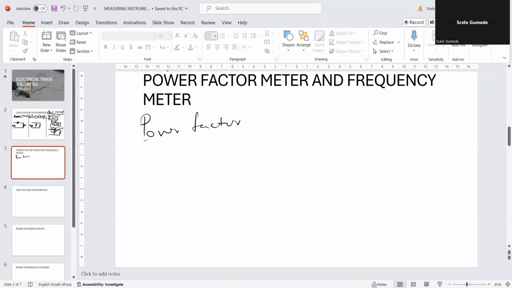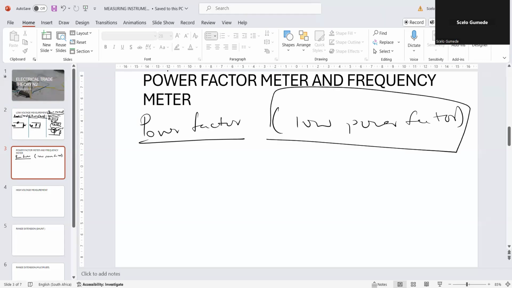Why is power factor measurement important? So that we avoid what? Low power factor. Why do we have to avoid low power factor? If you remember in chapter 1, we avoid low power factor because it has a detrimental effect. What are those effects? They are written on page 204. Large currents are required, it decreases the efficiency of a supply system or apparatus.